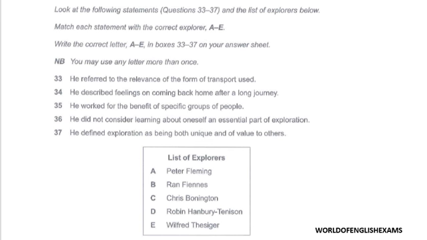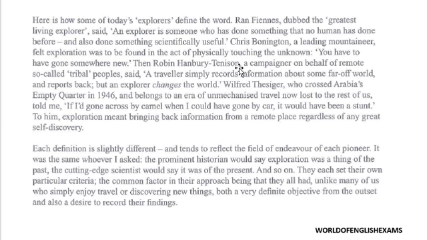Now let's look at option D. That is Robin Hanbury-Tenison. So let's look at this. Robin Hanbury-Tenison, who is a campaigner. Campaigner means a person who will work on behalf of the remote so-called tribal people.